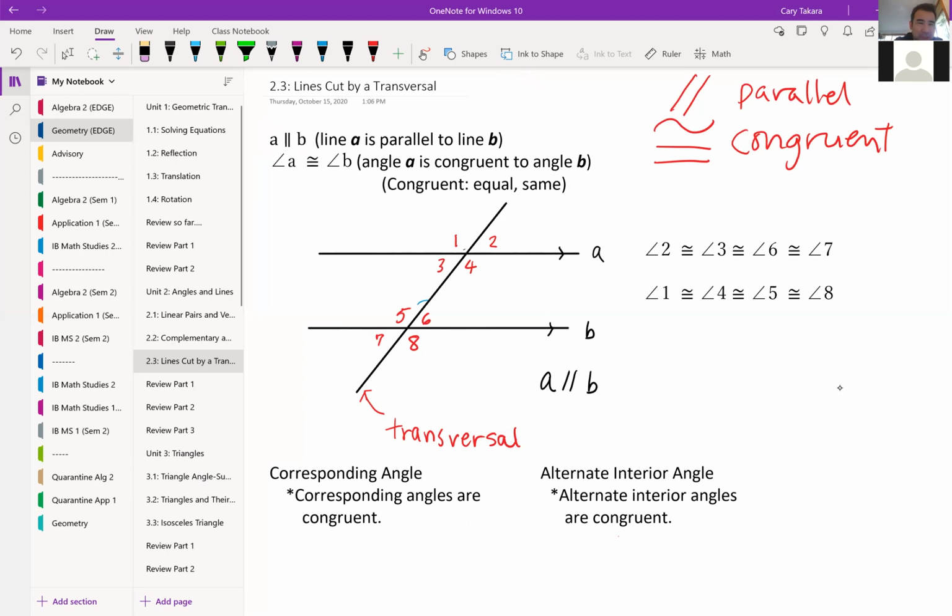Next, you will see this sign often in geometry. Equal sign with a squiggle line on top of it. It means congruent. Now, what does congruent mean? Congruent is just another fancy name for equal or the same, okay?